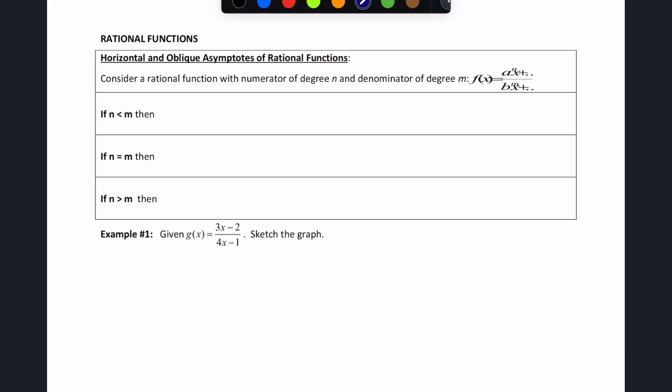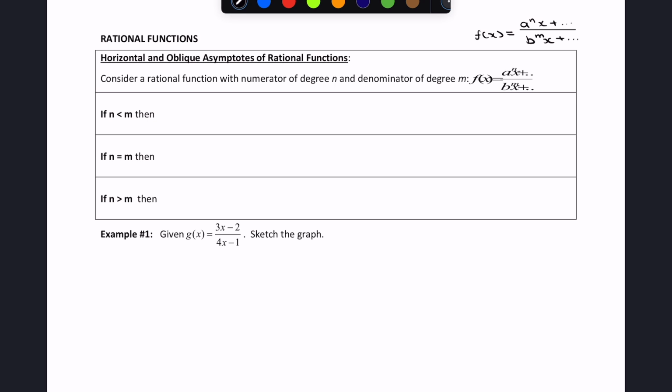When we look at rational functions, horizontal and oblique asymptotes in rational functions, consider the rational function with numerator of degree n and denominator of degree m. It's a little hard to see, so I'll just rewrite this: f of x is equal to a x to the power of n over b x to the power of m.